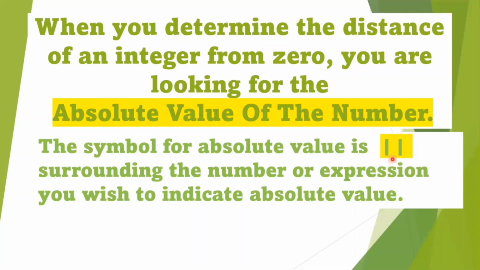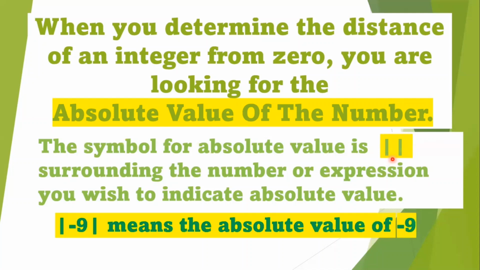Let us have an example. Here, kung napapansin nyo, ang absolute value sign natin ay nasa paligid ng ating integer, surrounding. Ganyan natin sinusulat ang absolute value of the number. Dapat nakasulat siya sa bawat gilid ng ating integer or number.